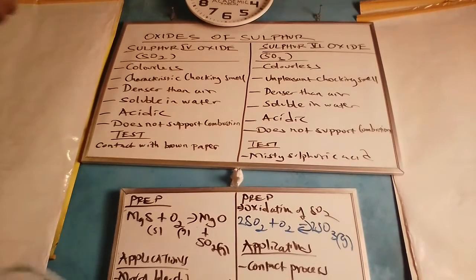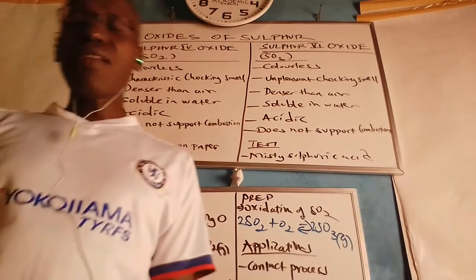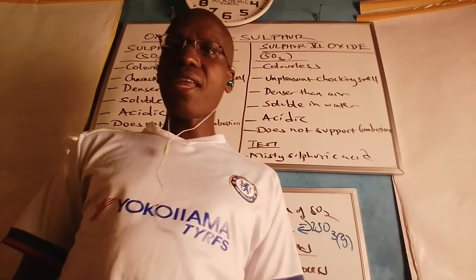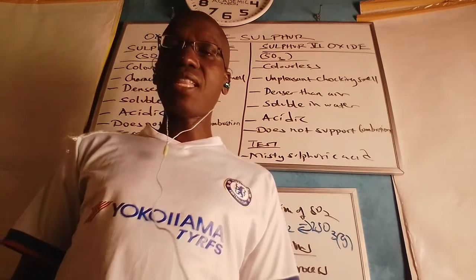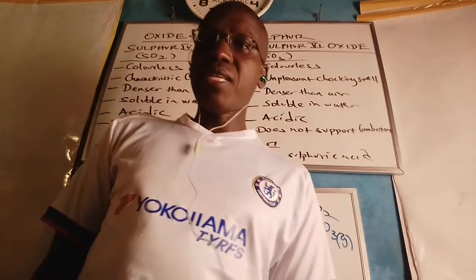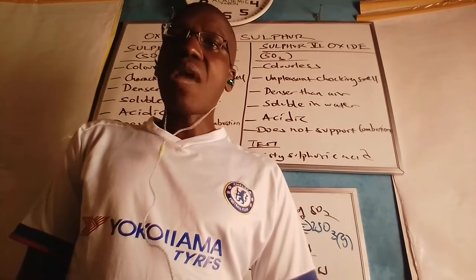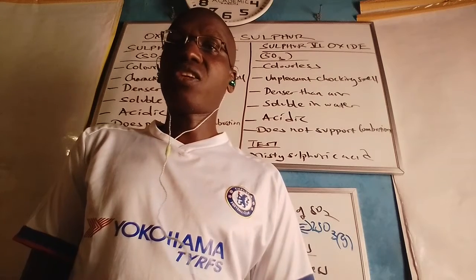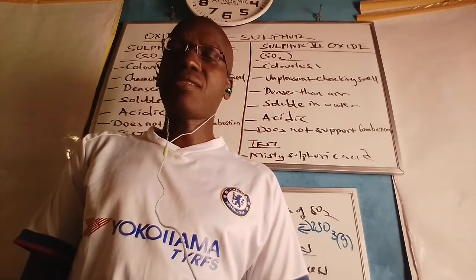Now, this has been a description of the main oxides of sulfur, namely sulfur 4 oxide, also known as sulfur dioxide, and sulfur 6 oxide, also known as sulfur trioxide. We have said that they have identical properties, with the unique property being the characteristic choking smell. While sulfur dioxide has a characteristic choking smell, sulfur trioxide has an unpleasant choking smell.